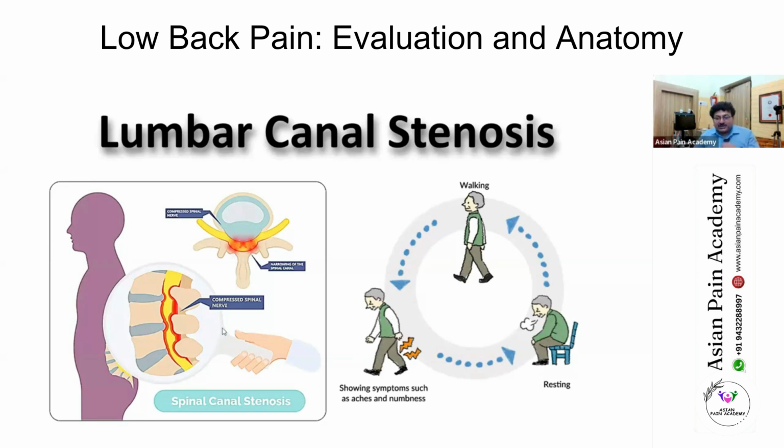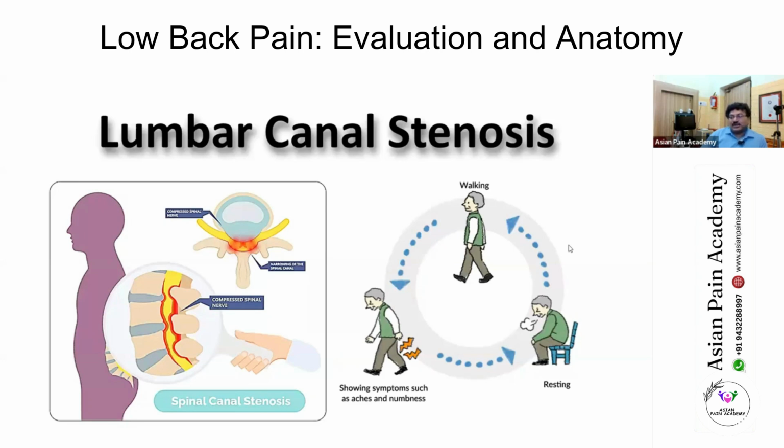Now the explanation of that: because of this compromised diameter, when the requirement is more, the radicular arteries cannot supply the amount of blood that needs to be delivered to that specific nerve. So though it is a neurogenic claudication, the primary mechanism here also remains a vascular claudication, but to a specific nerve.